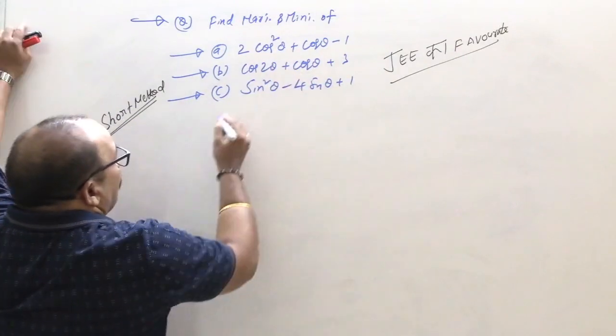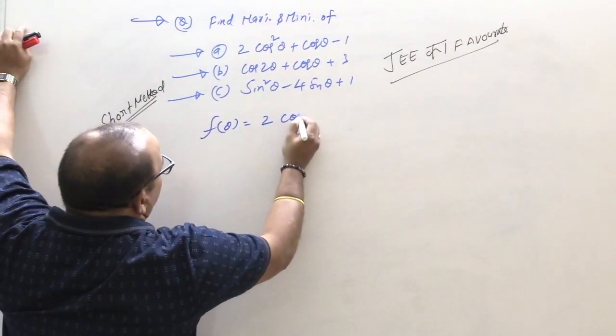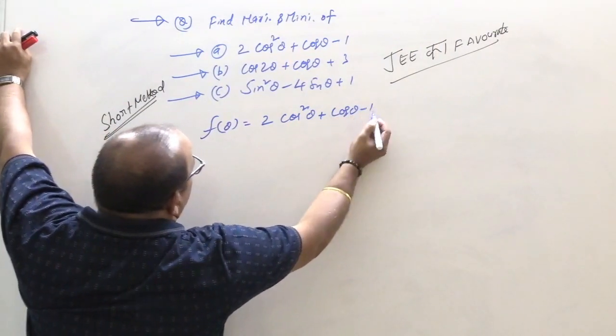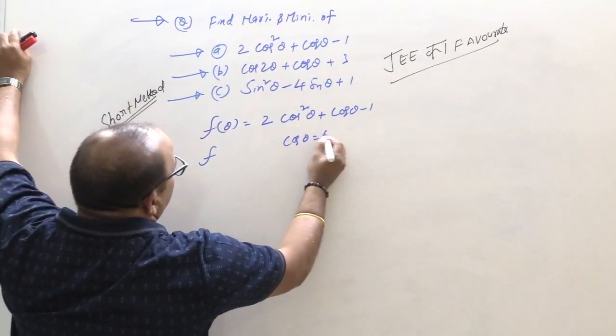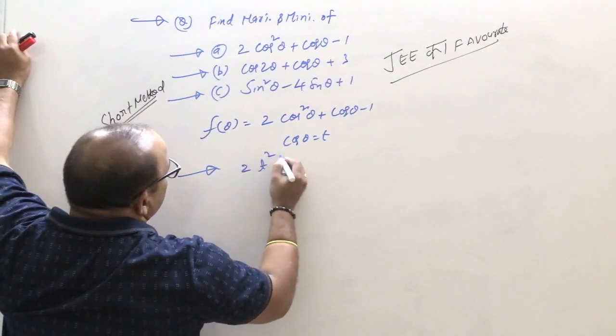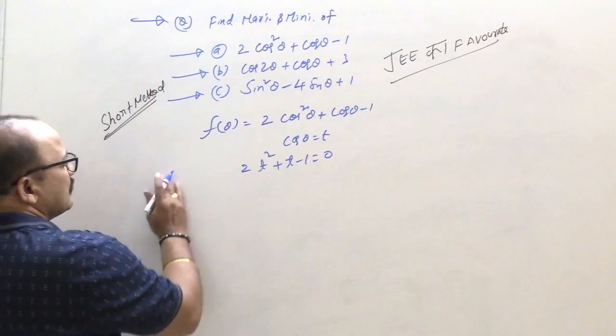First I am taking f of theta is equal to 2 cos square theta plus cos theta minus 1. Okay. You know the quadratic equation, students. Let cos theta be equal to t. Now this is the quadratic equation 2t square plus t minus 1, like f of t.